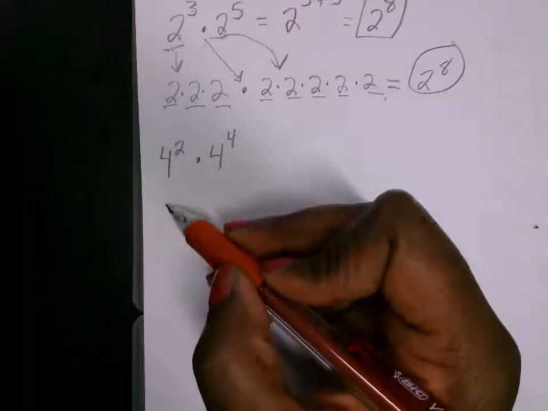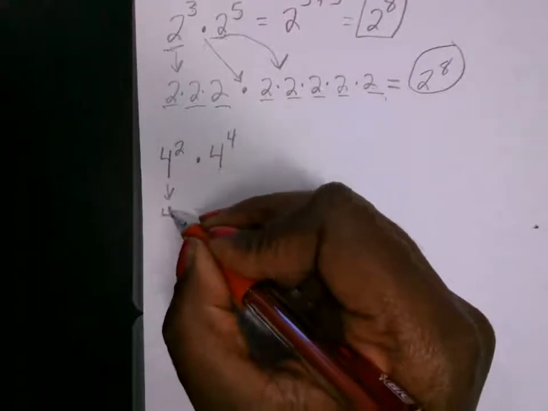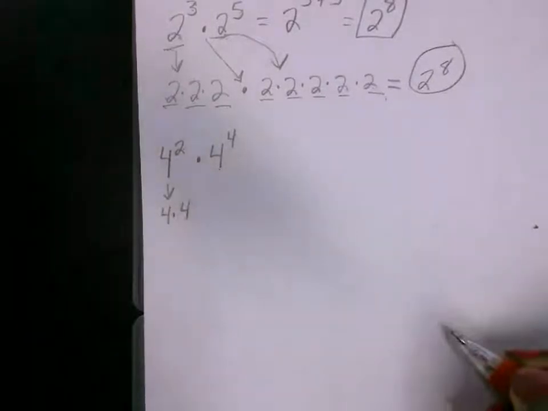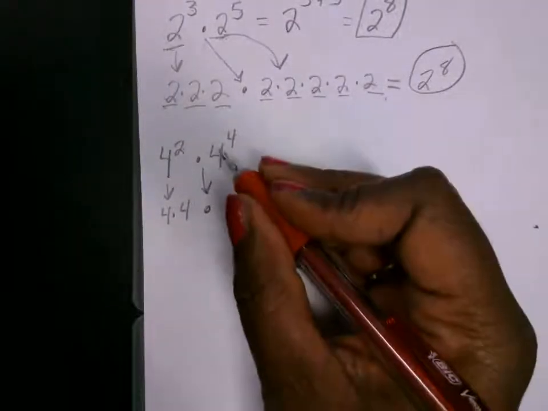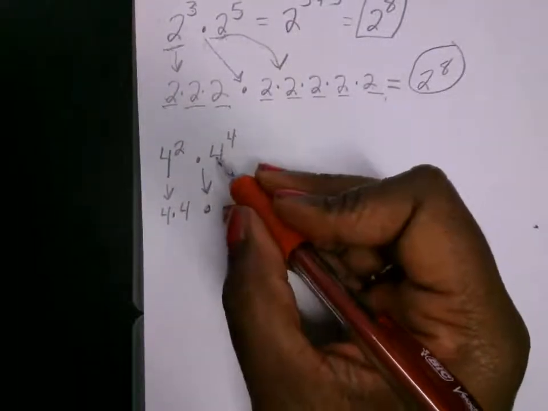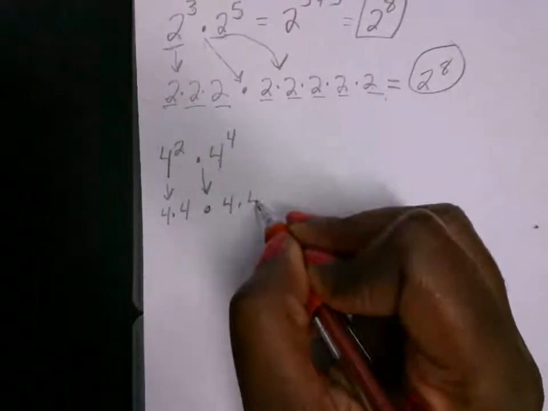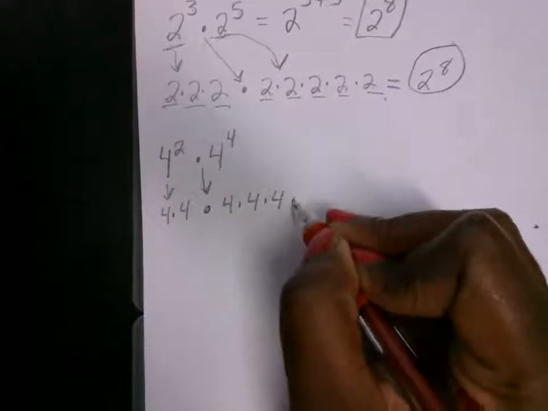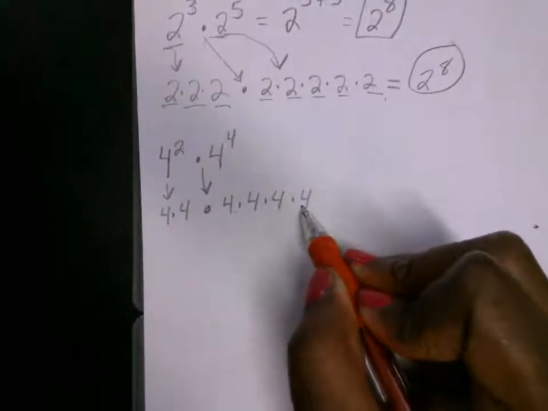So the expanded form of this number is going to be 4 times 4. Bring down this times. And then here, the expanded form for this number, 4 is being multiplied a total of 4 times here. So that's 4 times 4 times 4 times 4.